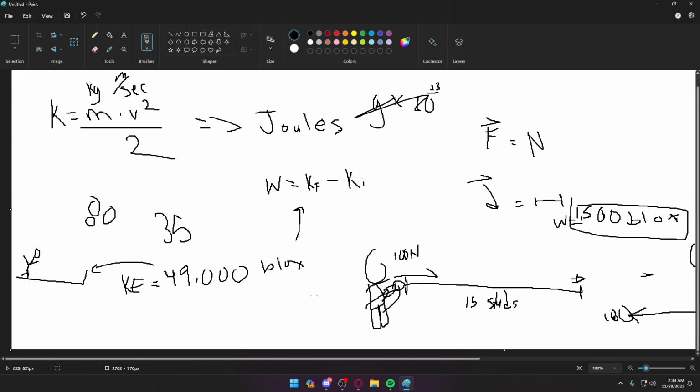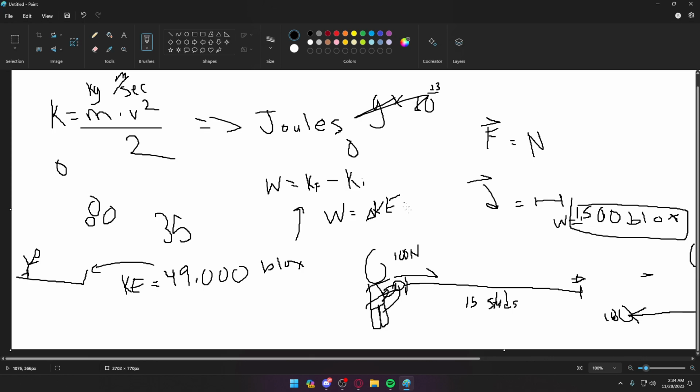At his initial, he's just standing there. He's not moving, so his speed is going to be 0. When we multiply 0 times whatever, it doesn't matter, it's going to be 0. So his kinetic initial will be 0. If you subtract these two, it'll just give you your kinetic energy again. You can also think of your work as equal to the change in your kinetic energy.